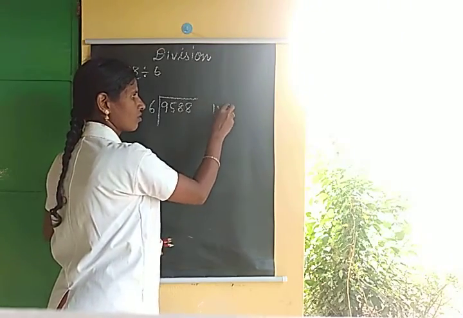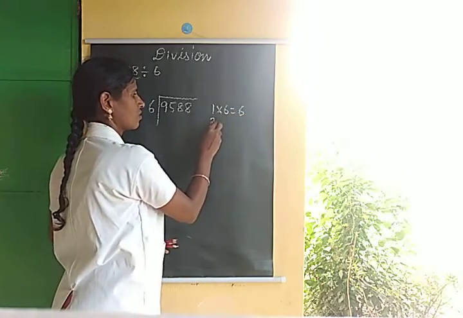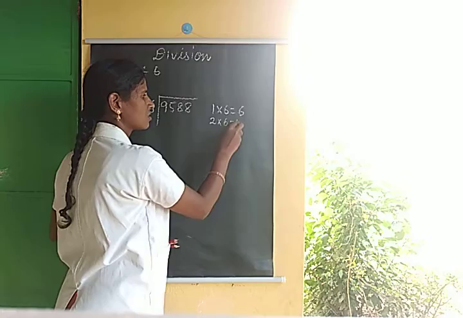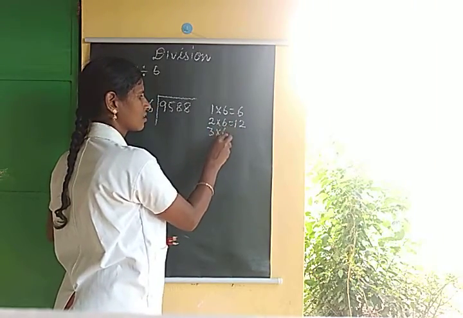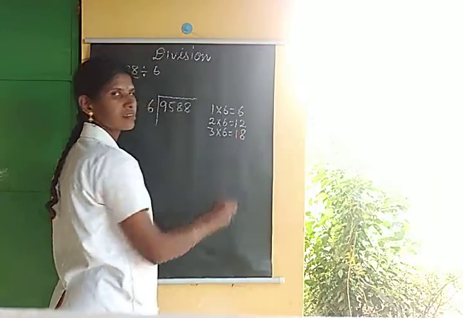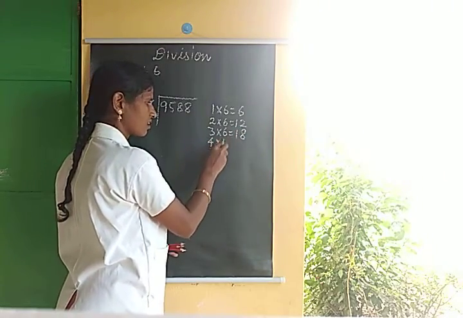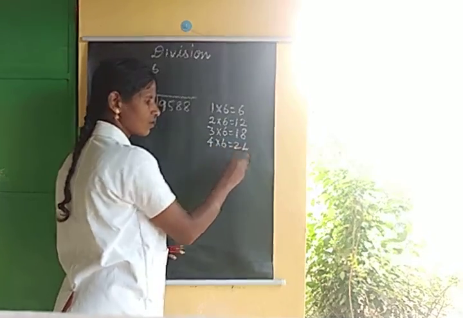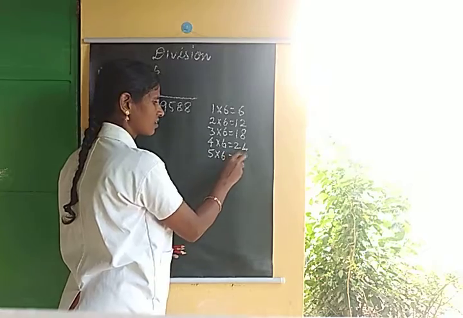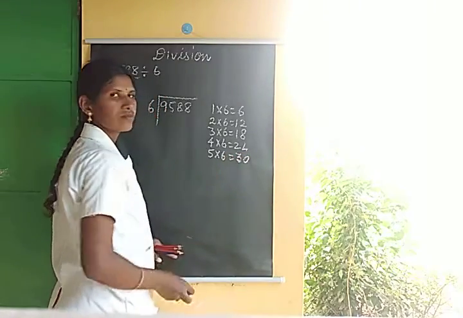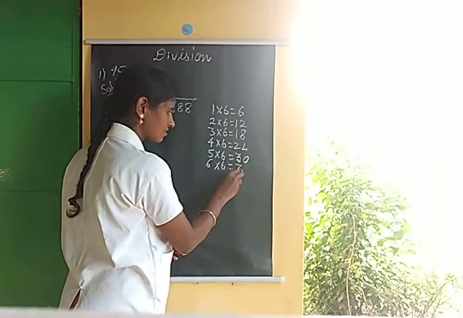So, 1 6 are 6. 2 6 are 12. 3 6 are 18. Here also you can write along with me. 4 6 are 24. 5 6 are 30. 6 6 are 36.